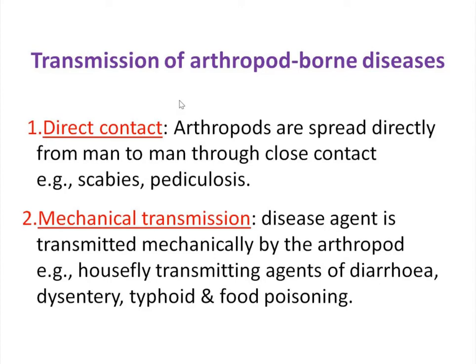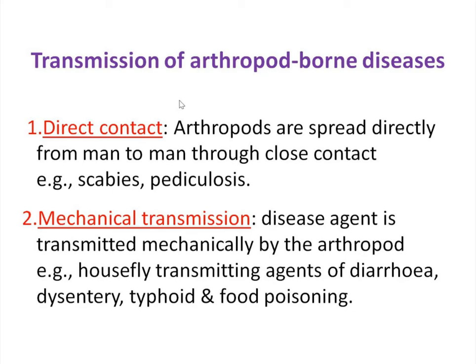If a person has scabies, then from contact with the person's skin, the other person gets it. That's called direct contact. Pediculosis is also the same; head lice transmit this disease. If a person is in very close contact, then definitely the person gets it through direct contact.